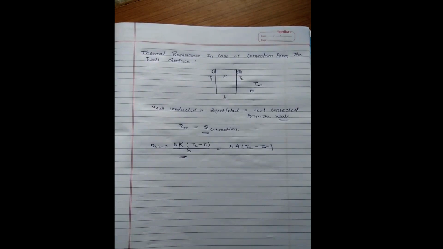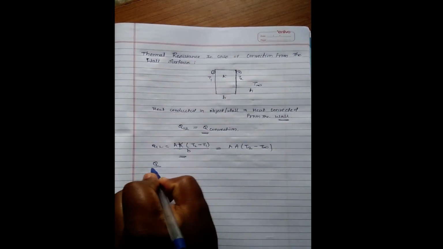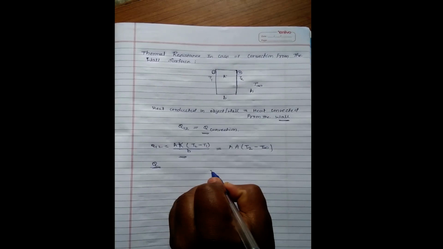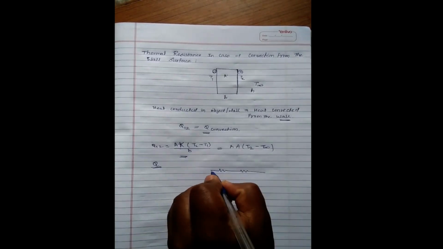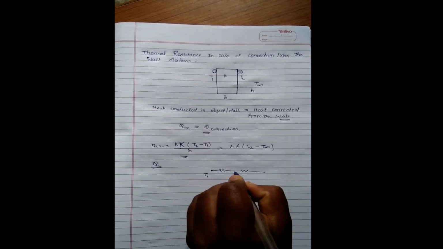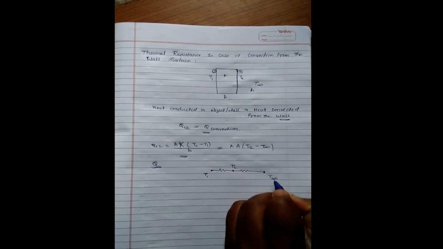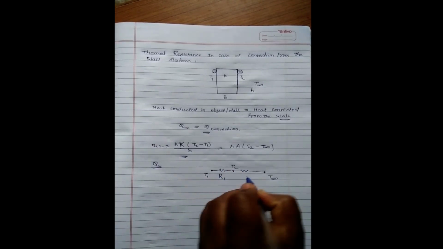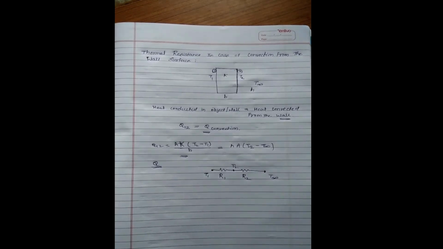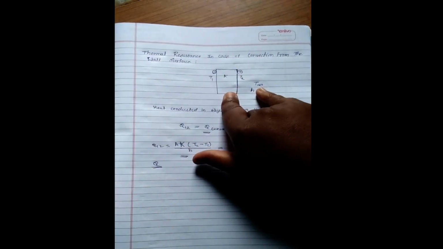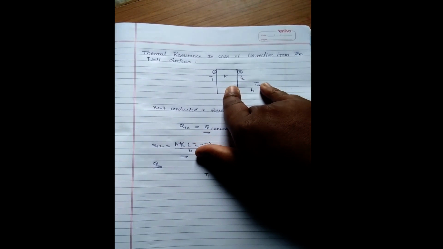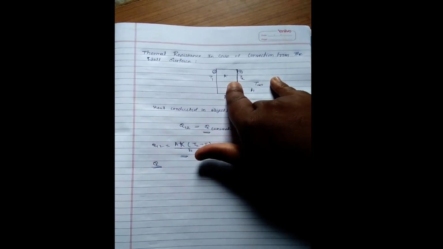But if they ask you about Q directly, then we can say these two resistances are in series, because here is a temperature T1, here it will be T2, we don't know this T2, and here it will be T infinity. This will be R1, this will be R2, because here there is a temperature difference, and due to convection there is also some temperature difference between the wall and our surrounding.